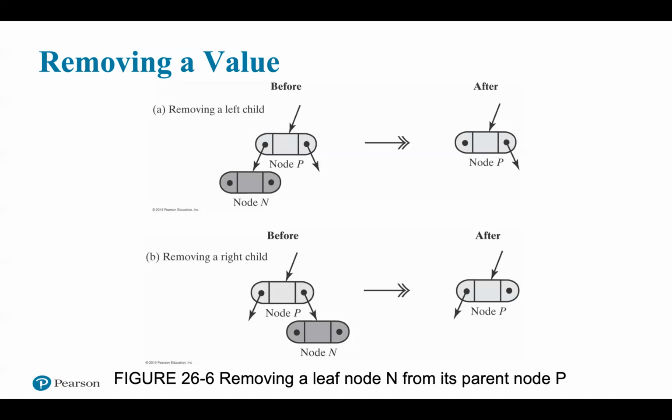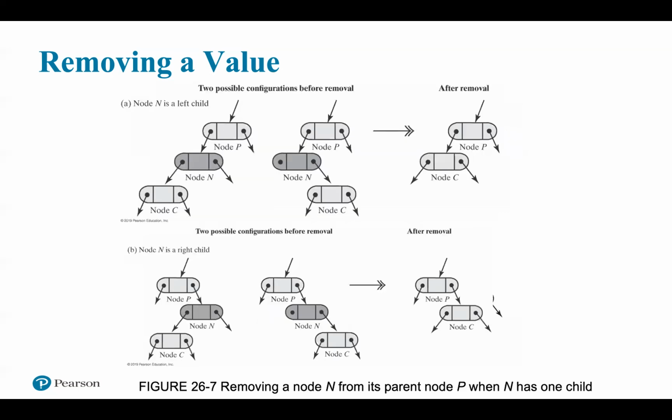as the figure illustrates. So, for removing an entry whose node has one child, now imagine that the entry to be removed is in a node n that has exactly one child c. Figure 26.7a shows the four possibilities for node n and its parent. n is either a left child or a right child of p, and c is either a left child or a right child of n.